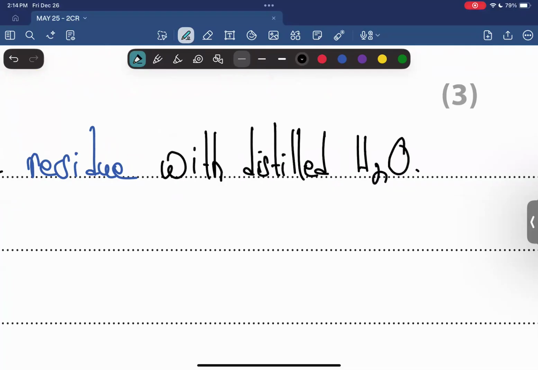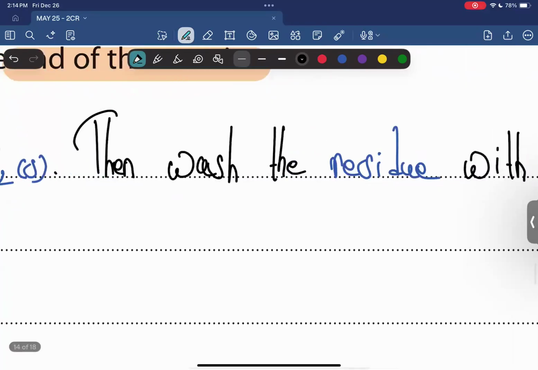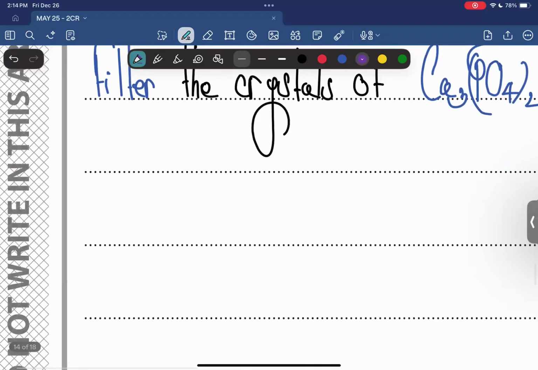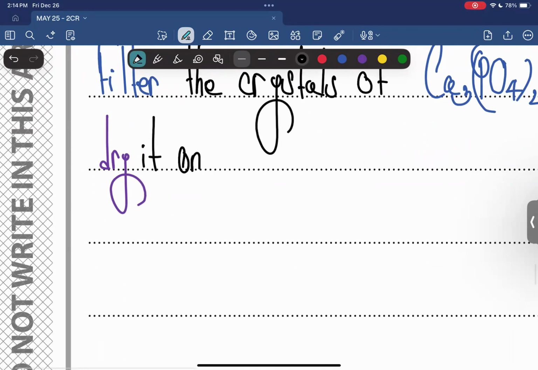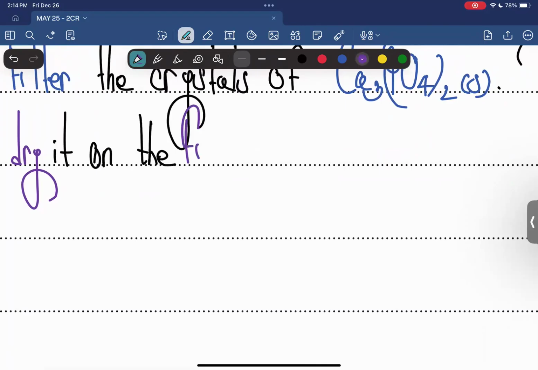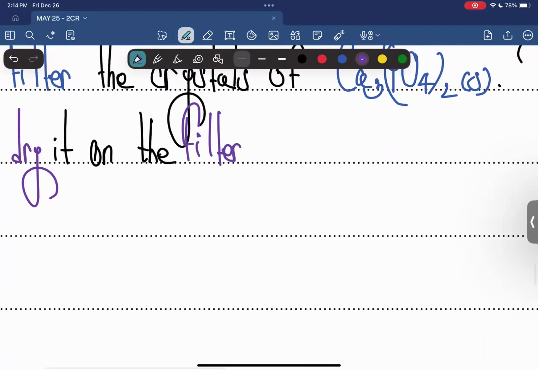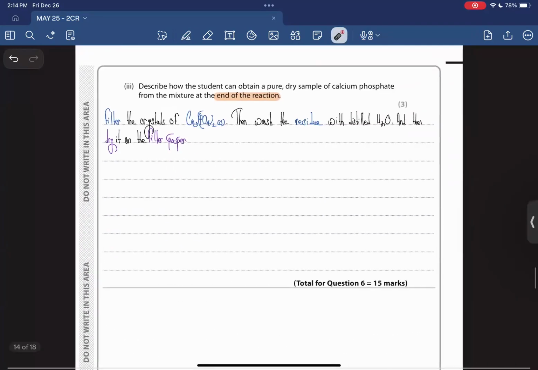On the filter paper. Okay, so yeah, this basically brings us to the end of question 6.